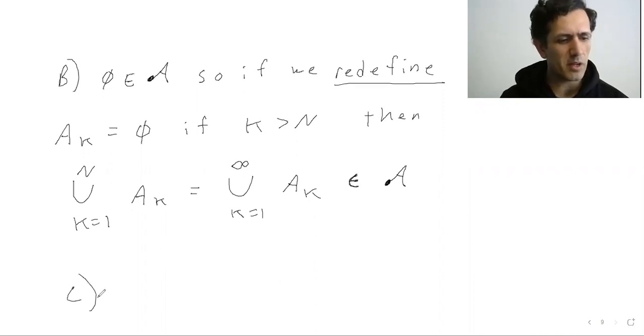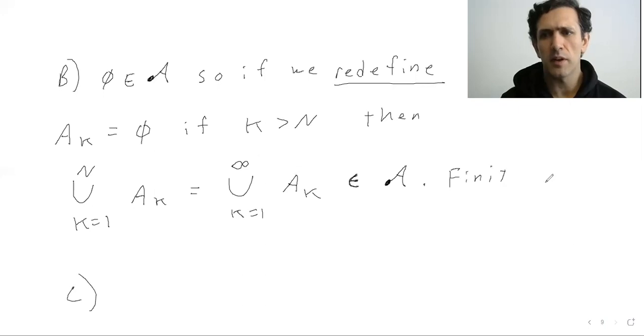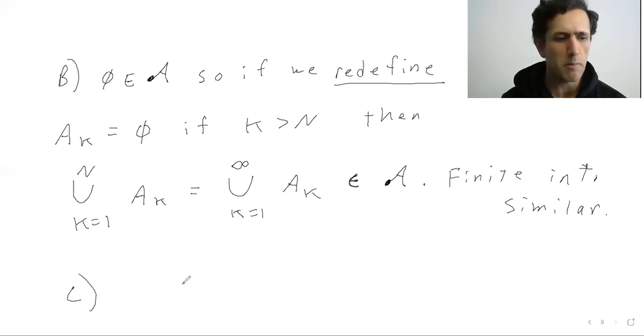Okay. Right. And like I said, finite intersections are similar. I won't write it down. If you have any doubt, absolutely do it for intersections. Okay, and C is really not much.